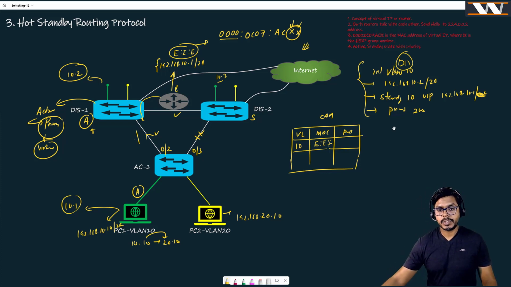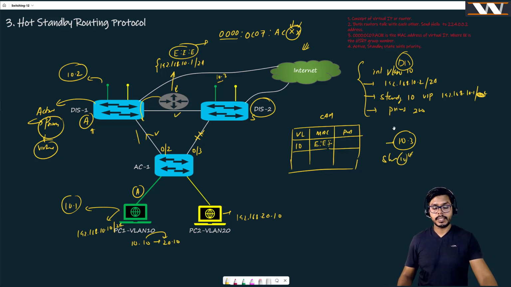On the second distribution router, the configuration is again really simple. You need to configure the IP address, which is 10.3, and you need to say standby 10, because this group is the identifier that these distribution 1 and distribution 2 switches belong to the same group, and the virtual IP is 10.1.